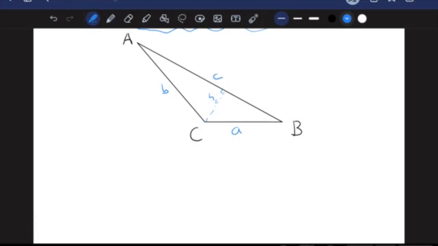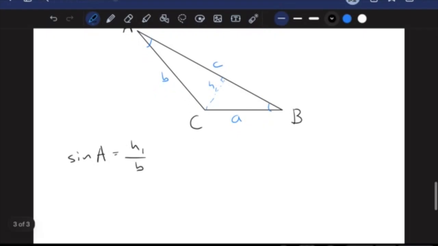Now, in this triangle, we're looking at angle A and angle B as well. Working through really quickly, because this is basically what I did in the initial video when we proved the sine rule. We said that sine of my angle A over here equals h1 over the side b. Opposite over hypotenuse.